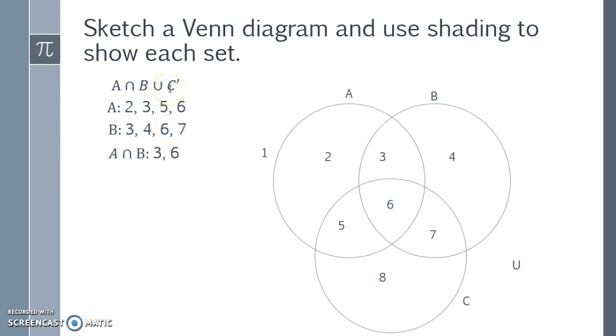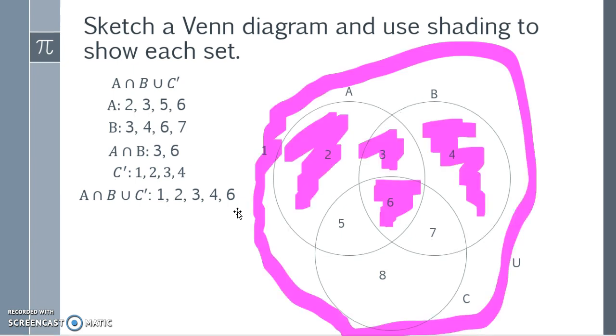Now, in order to union that, combine that with C prime, I need to know what is not in C. So what is not in C is 1, 2, 3, and 4. Now, union these two pieces together. The only thing that we need to look at then is section 1, 2, 3, 4, and 6. So sections 1, 2, 3, 4, and 6 are what need to be shaded.